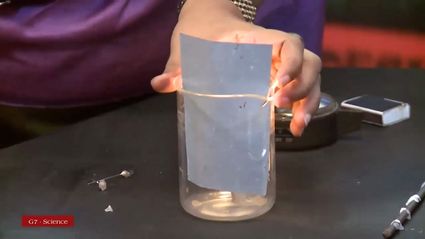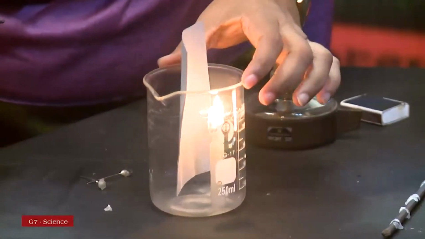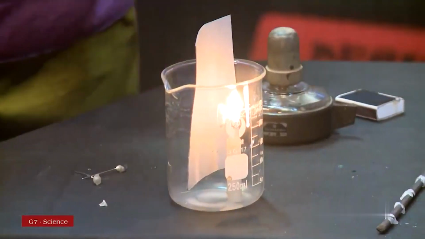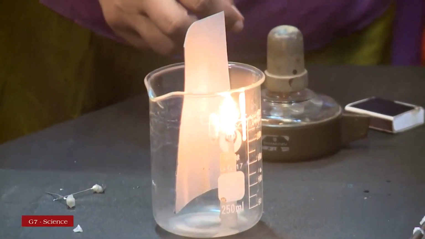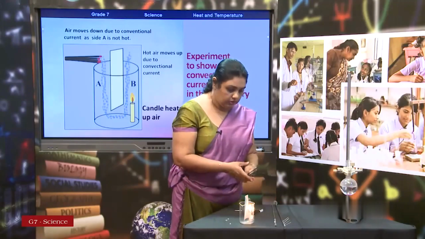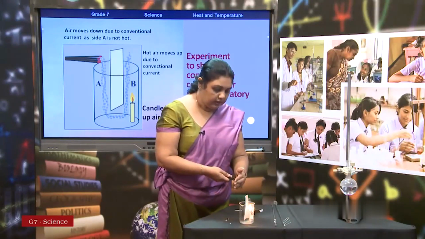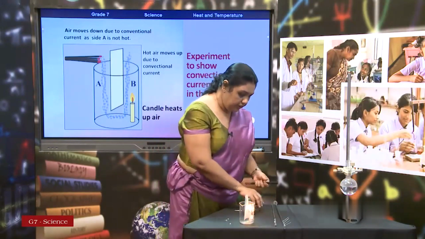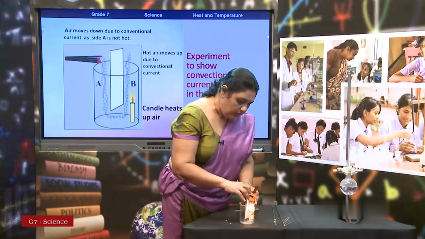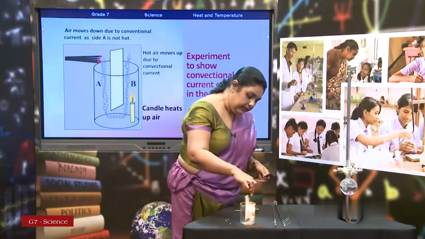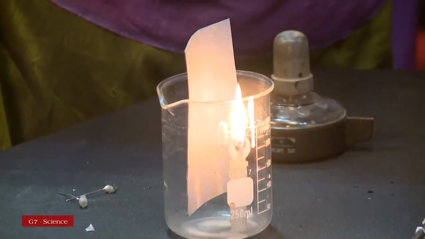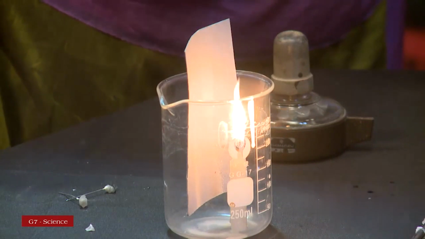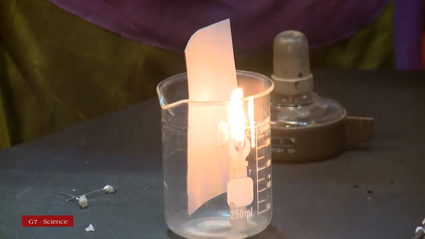There should be a space between. Hope you can see the setup. After that, children, you need to have some incense. You can have anything which can produce smoke. Now, what happens when you keep this? This side here is hotter than the other side. So don't allow the other side to get heated, then that will not work out, right.